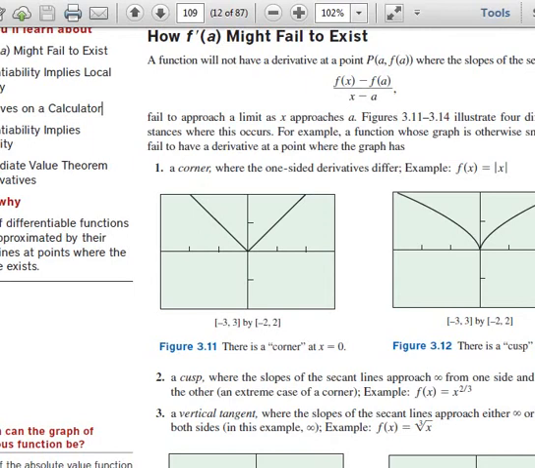The slope of the tangent is vertical, therefore it is undefined, right?